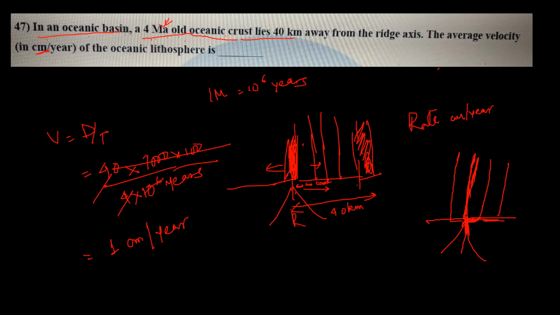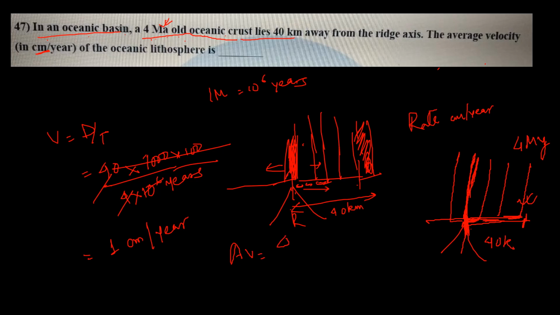Now you have an oceanic crust or oceanic basin here. This is the ridge axis. From the ridge axis the distance is 40 kilometer away, and the age of this oceanic crust they are saying is 4 million years. So you have to find the average velocity. Again velocity is distance by time.